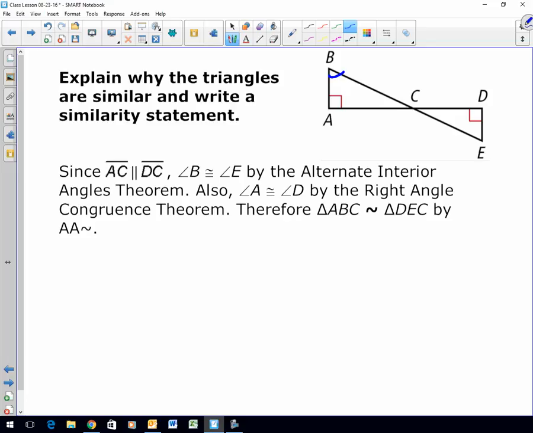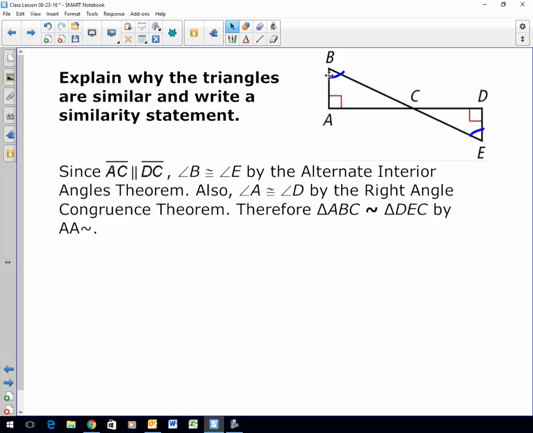All that says is that all right angles are 90 degrees, and therefore all right angles are congruent. Simple as I can get with it.